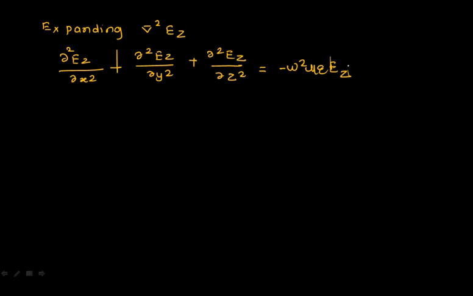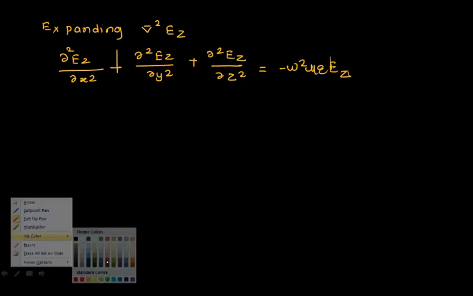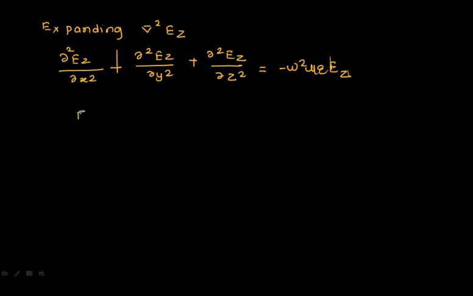So I can write my electric field in the Z direction, and here I'm just trying to show you the difference. If my Ez is equal to E0z e raised to minus gamma z, then gamma is the propagation constant, that is, whatever transmission or propagation is there in the Z direction.